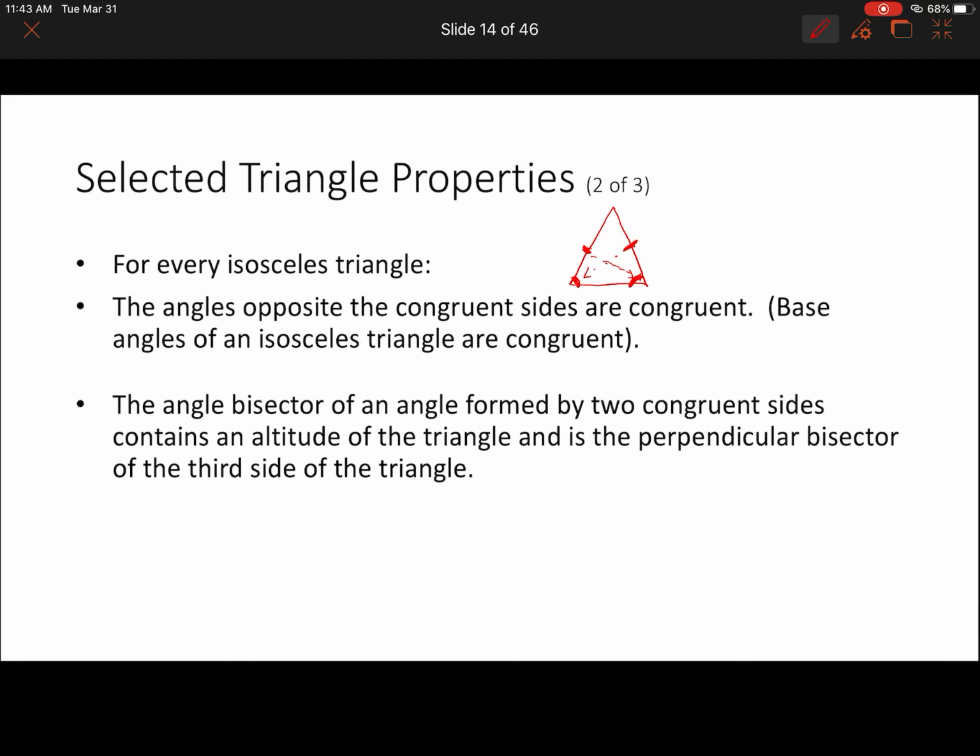That means that this angle and this angle have to be congruent. That's what we know as the base angles.